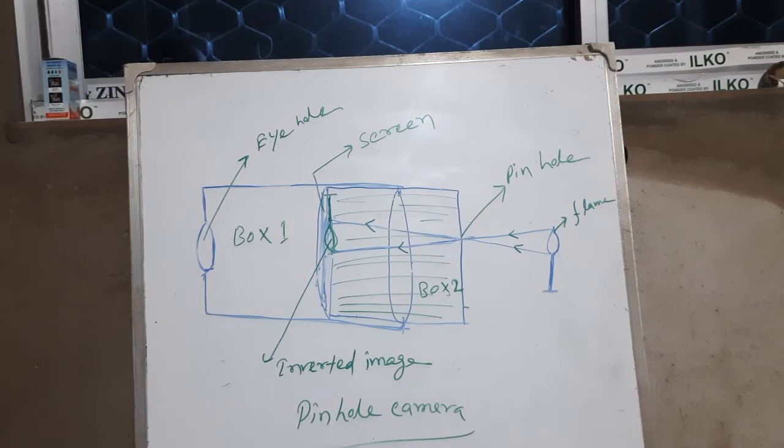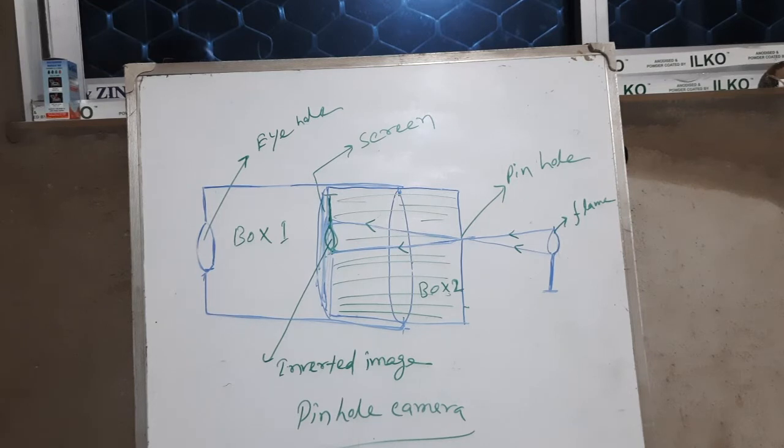An opaque object is such a type of object through which light cannot pass, but in the case of a transparent object light can pass totally, and in the case of a translucent object light can pass partially. So there are three types of objects: opaque, transparent, and translucent. In this case we have to use a translucent object, for example butter paper, as the screen. Okay, so that is the matter.